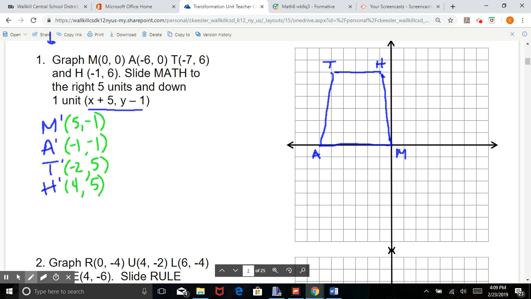We could also do it just by counting coordinates. So M is being shifted 5 to the right and down 1. So 1, 2, 3, 4, 5, down 1. Labeling it M prime. A is being shifted 5 right and down 1. 1, 2, 3, 4, 5, and down 1.